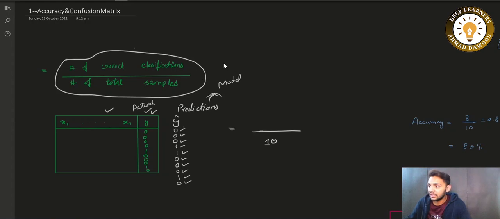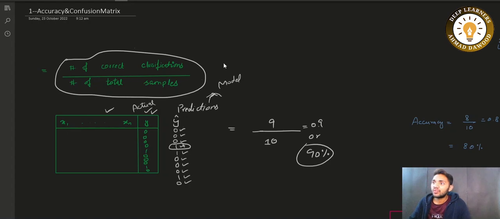Out of these 10, just one prediction is misclassified, and 9 are correctly classified. So the correct classifications are 9 out of 10, so accuracy will be 0.9 or 90%. This is very easy: number of correct classifications divided by number of total samples that we have used.